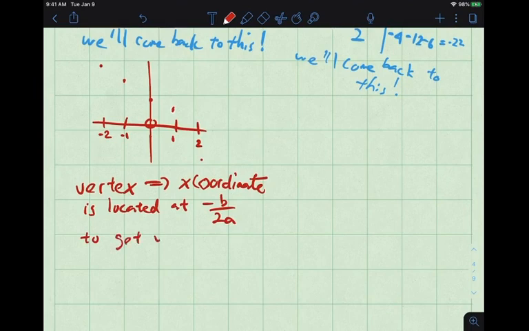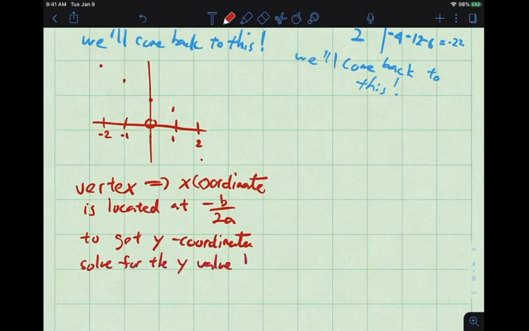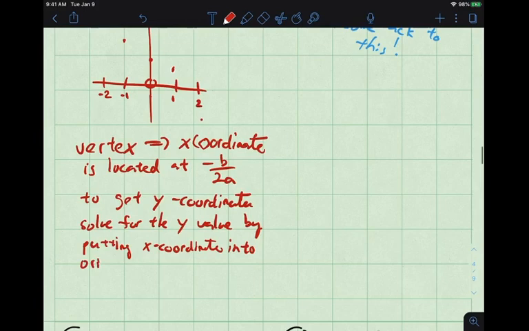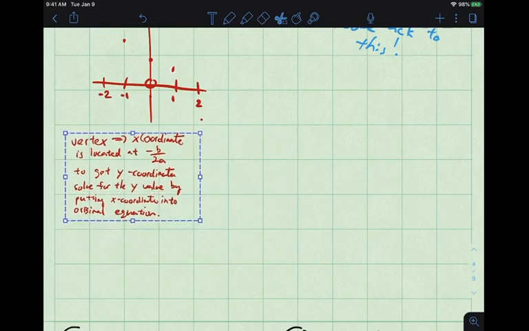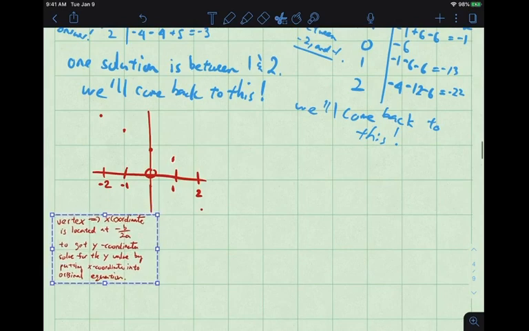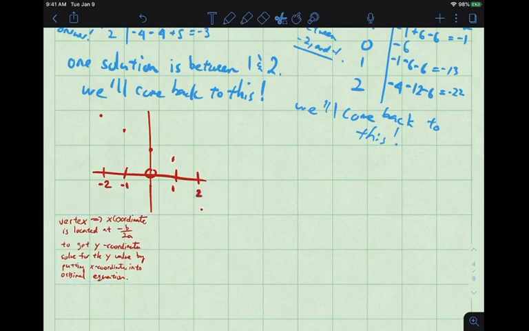To get the y-coordinate, solve for the y value by putting the x-coordinate into the original equation. Right, so there's some notes.